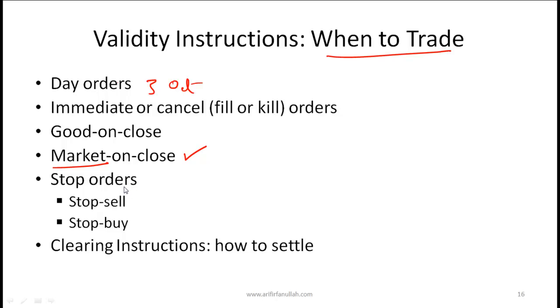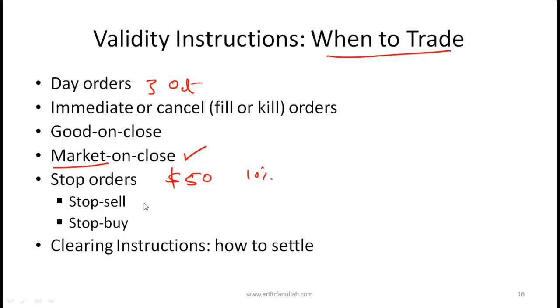We can also have stop orders, and the purpose of stop orders is to limit losses. We have two kinds of stop orders, a stop sell and a stop buy. The idea being that let's say you own shares that are currently at $50, and with this share price, the most that you want to lose is 10%. So you are hoping that the stock price goes up, but you are worried about the potential of stock prices going down and you losing money.